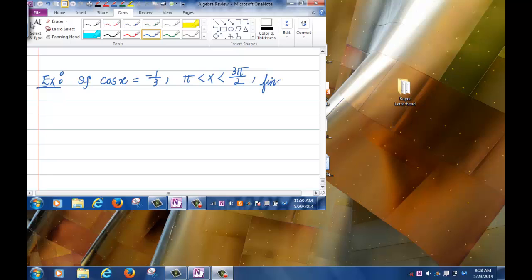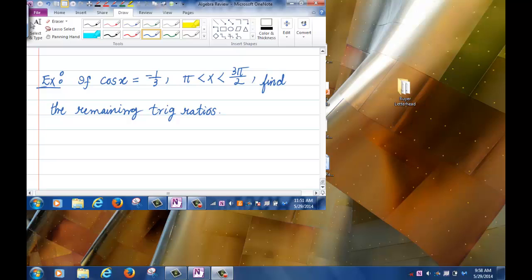And the question is, find the remaining trig ratios. Is that making sense?